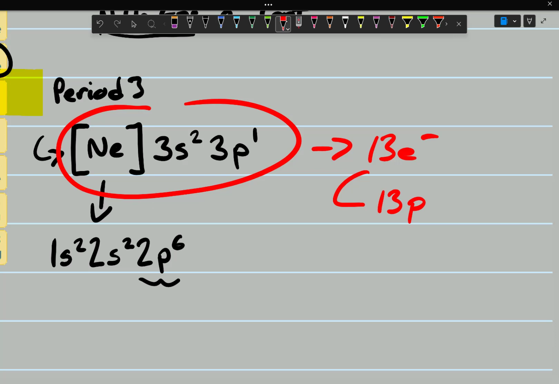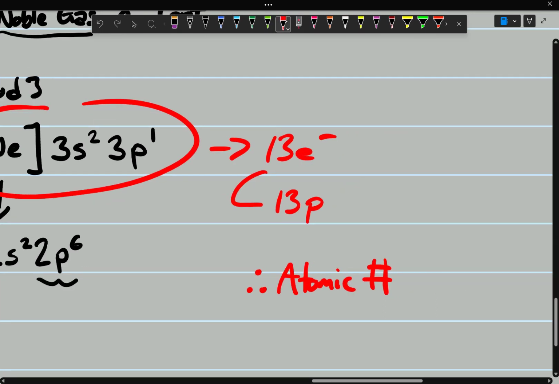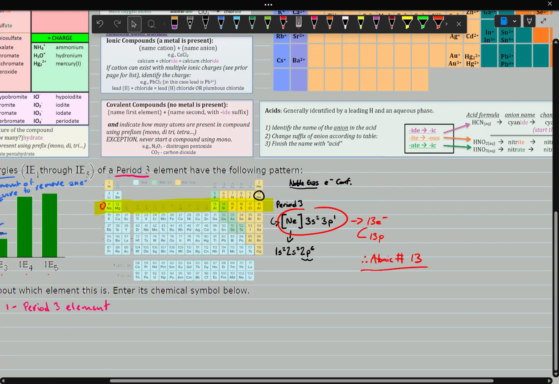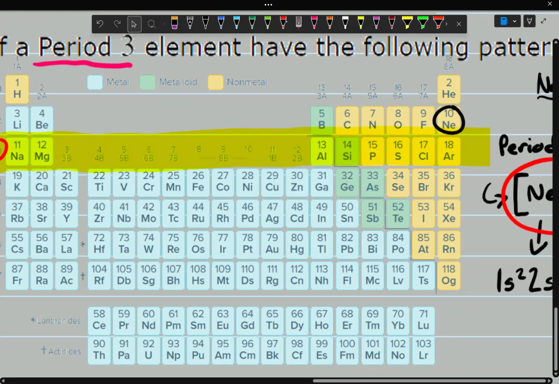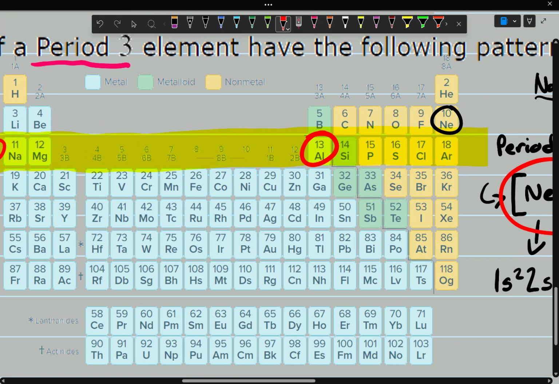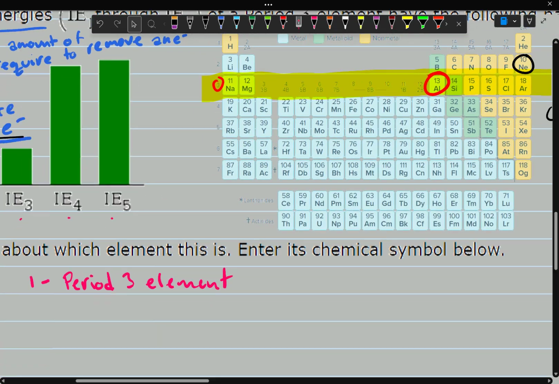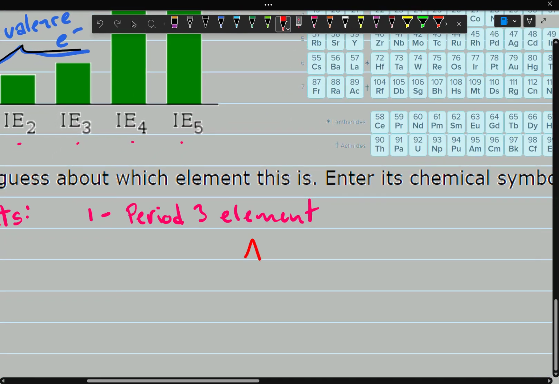Whatever has an atomic number of 13 is the element we're looking for. And in this case, that is aluminum. So aluminum is the element we're looking for, and that is your answer.